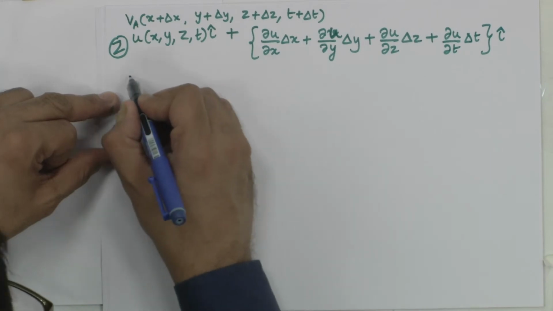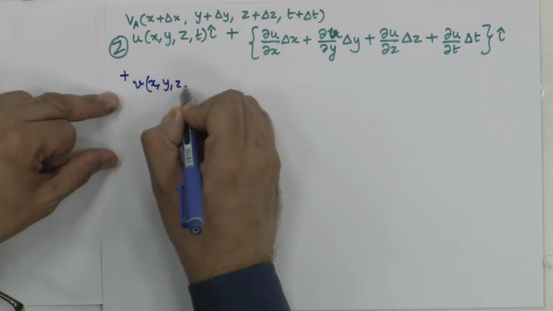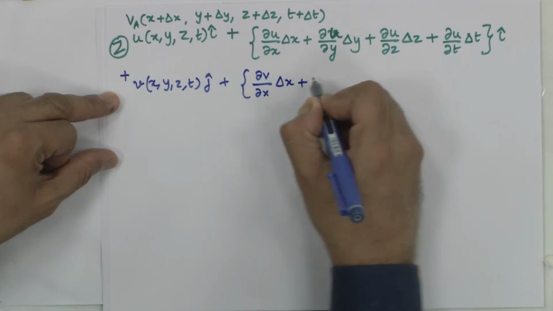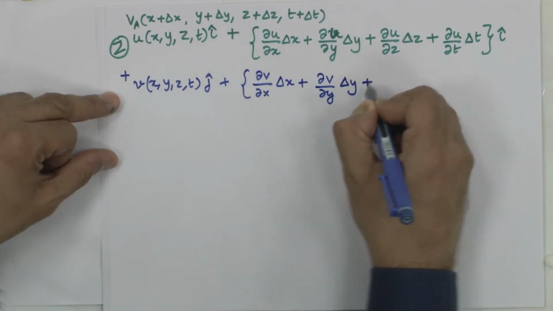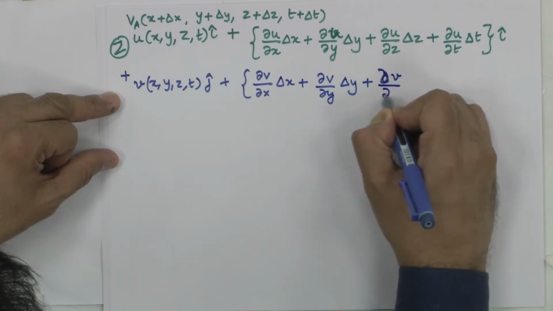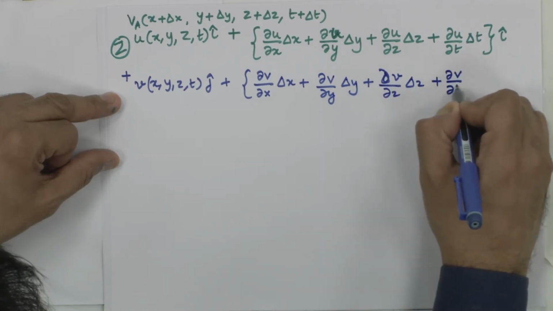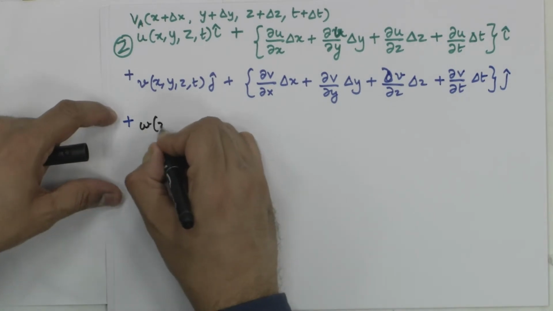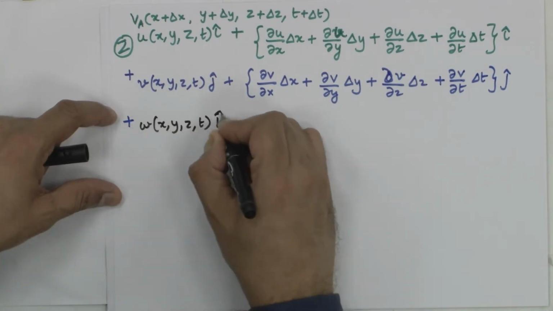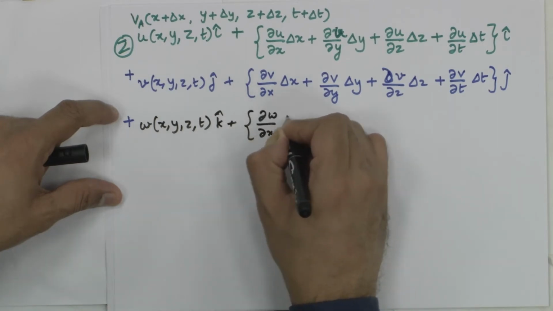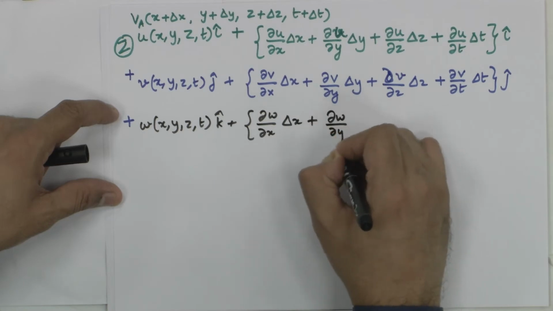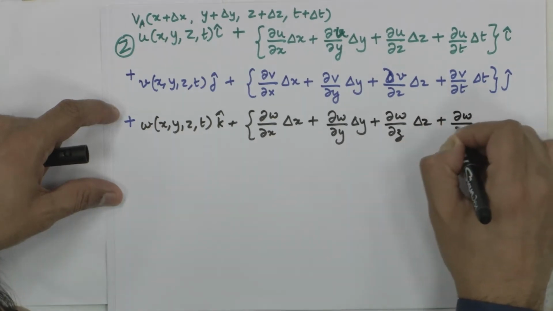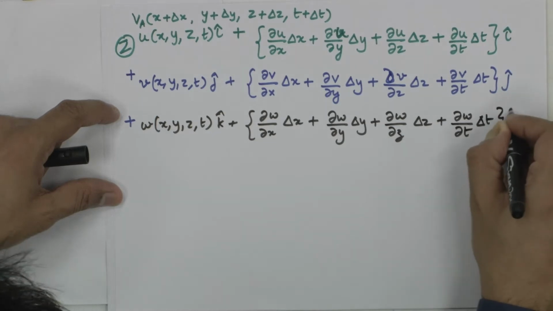Okay. This plus v of x, y, z, t j cap plus dv by dx delta x plus dv by dy delta y plus dv by dz delta z plus dv by dt delta t j cap plus w of x, y, z and t k cap plus dw by dx delta x plus dw by dy delta y plus dw by dz delta z plus dw by dt delta t into k cap.